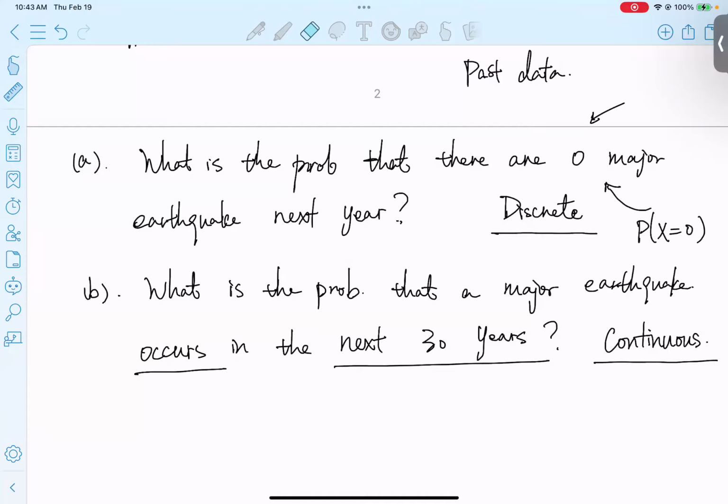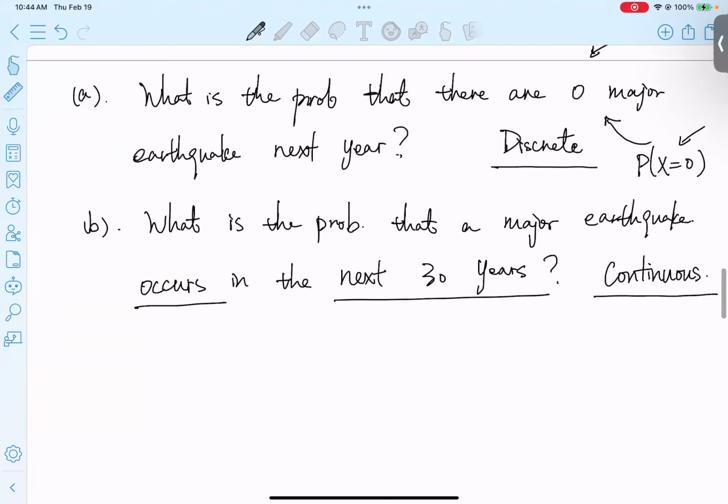I think for A it's more specific, that it's exactly equal to zero. Right, but then in B, it's P of X equals 1, and I was thinking we could plug in N equal to 30 and X equal to 1 for the binomial distribution. So in my head, it still follows the same form.